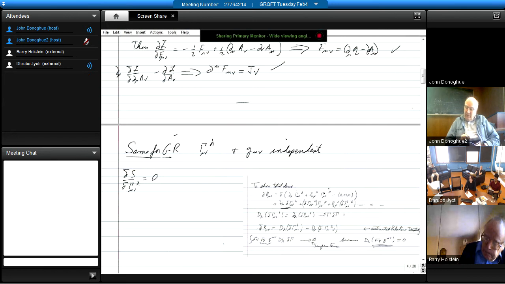In this case, we were going to set this equal to 0. The variation, then, you can see it sitting down here, is the integral d^4x \sqrt{-g} g^{\mu\nu} \nabla_\lambda \delta\Gamma^\lambda_{\mu\nu} plus another term.